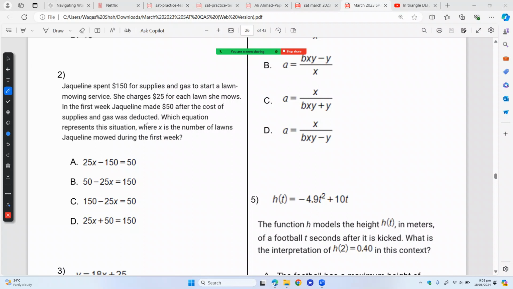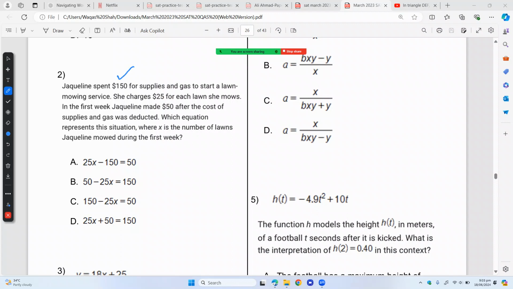Which equation represents the situation where x is the number of lawns Jacqueline mowed during the first week? You can see that she has to spend $150 in any case, whether she mows one lawn, two lawns, or any number of lawns. This is the basic cost for starting her day with mowing lawns.